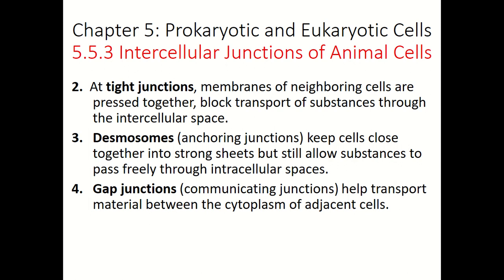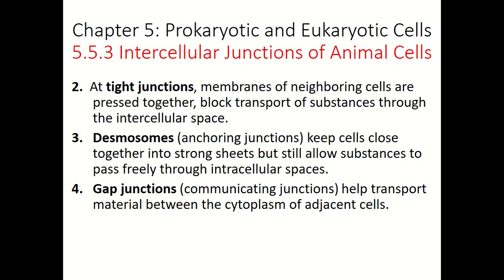For animal cells, the intercellular junctions include tight junctions, desmosomes, and gap junctions. In tight junctions, the membranes of neighboring cells are pressed together. Therefore, they block the transport through the intercellular space, meaning there is no transport of substances through tight junctions.